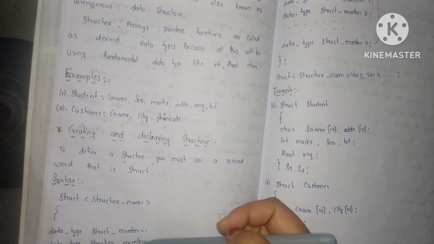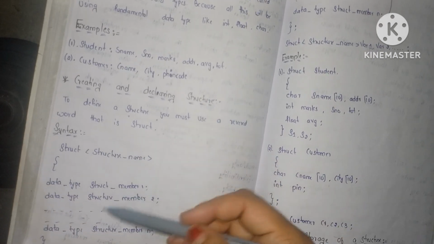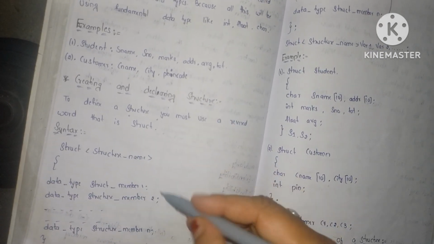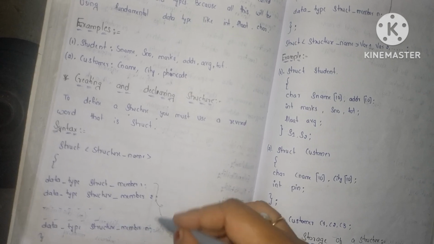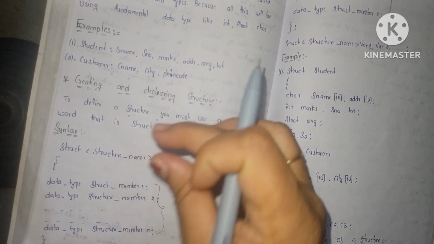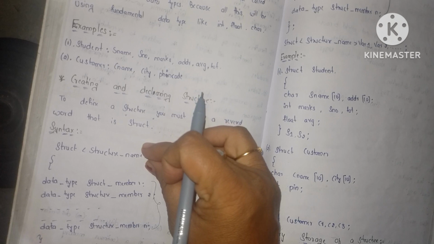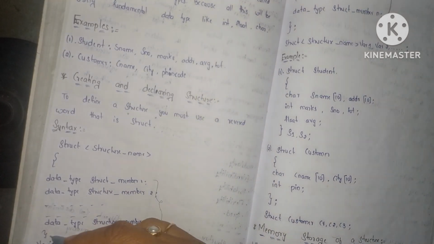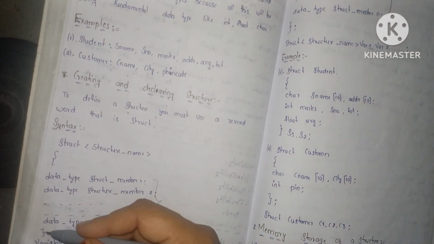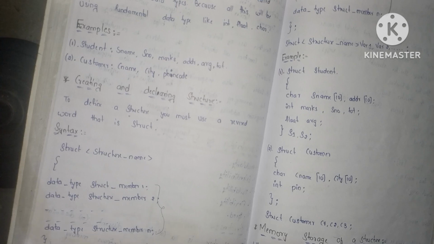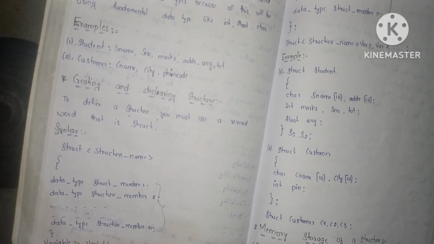Like that we can create any number of structure members with different data types. These are all called members of a structure, with different data types. That's why they are dissimilar data types, all stored under one structure name. Then close the structure with a semicolon. This is the definition of the declaration of a structure.